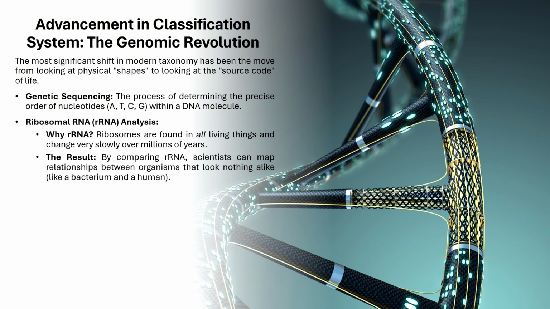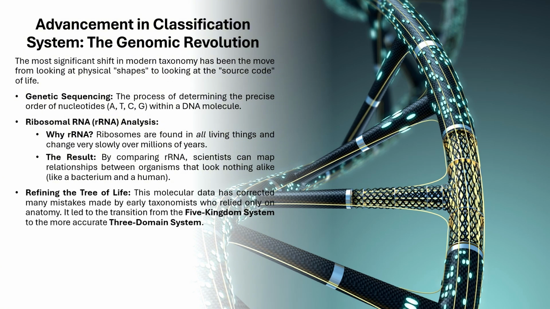But how do we compare a human to a bacterium? Then we look at ribosomal RNA analysis. So ribosomal RNA changes very slowly over millions of years, acting like a molecular timekeeper that allows us to trace relationships across the entire history of life.